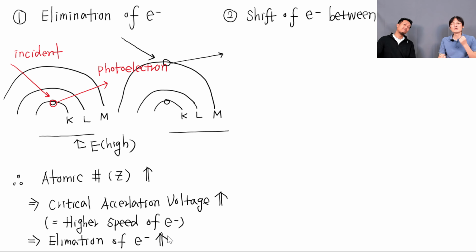So that's why we must give high voltage in the case of matter whose atomic number is high. Understand? This is the first one, and then we need to go to the shift of electron between the shells.